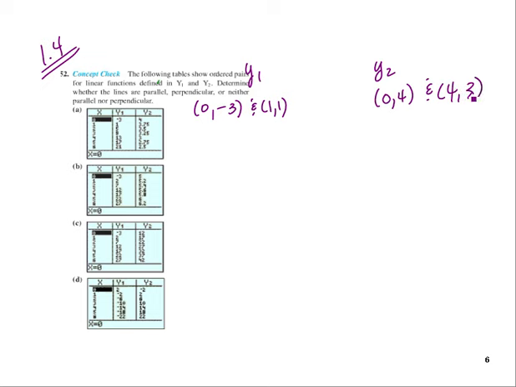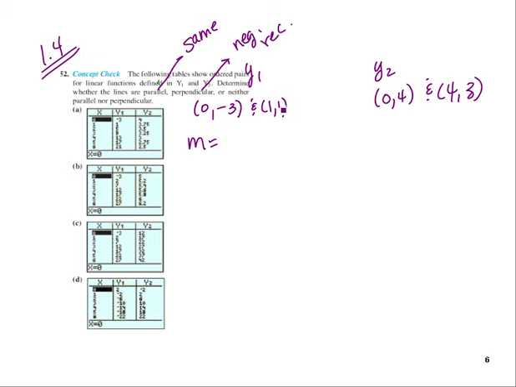Now remember what determines if they're parallel or perpendicular. Yeah, slope. We know that parallel lines have the same slope. Perpendicular lines have slopes that are negative reciprocals. So if we find the slope between these two pairs of points, then we can determine if we have parallel or perpendicular lines.